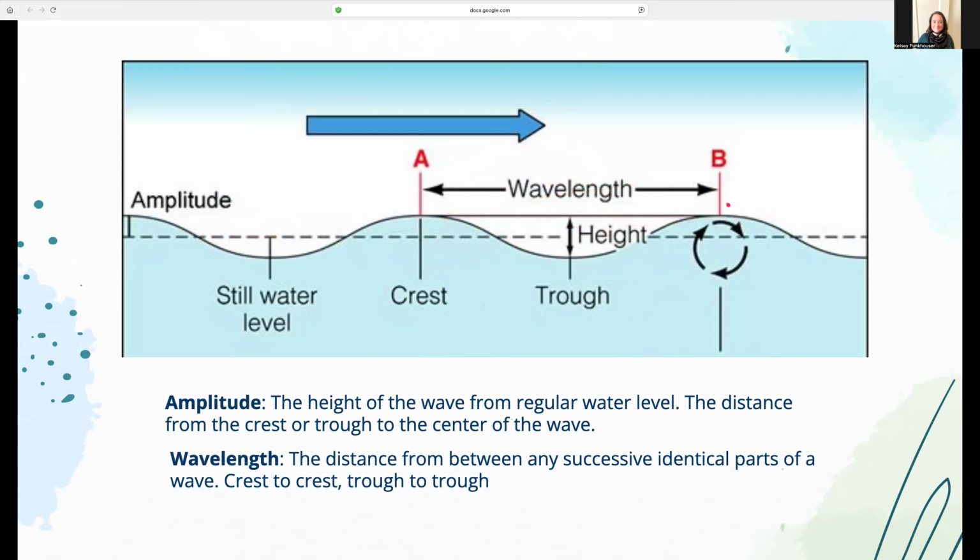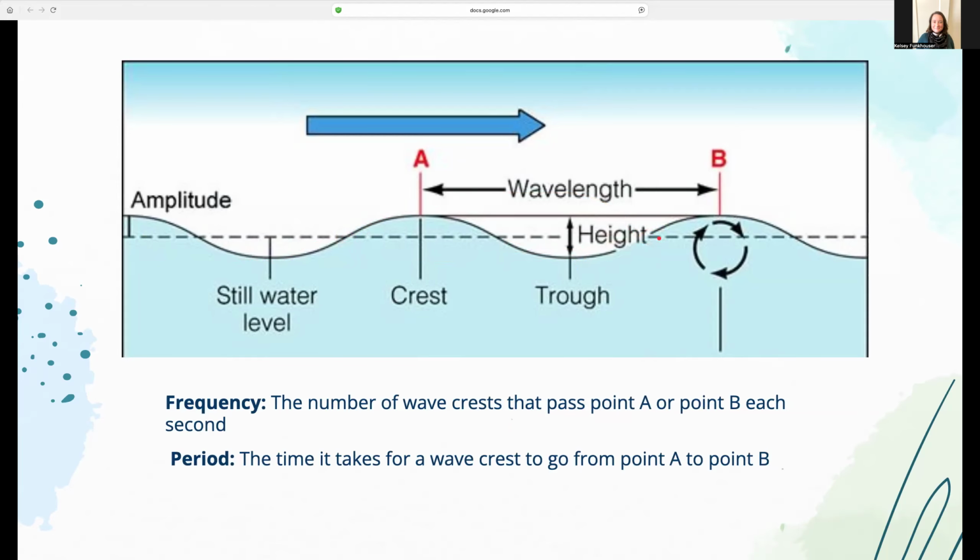So one peak to one peak, that's a wavelength, and wavelength being length, it's in distance. But you could also say from trough to trough is a wavelength. And from this middle point of the wave to the same middle point of the next one, that's also a wavelength. So all of those should have the same value, but you can just measure it from different spots.